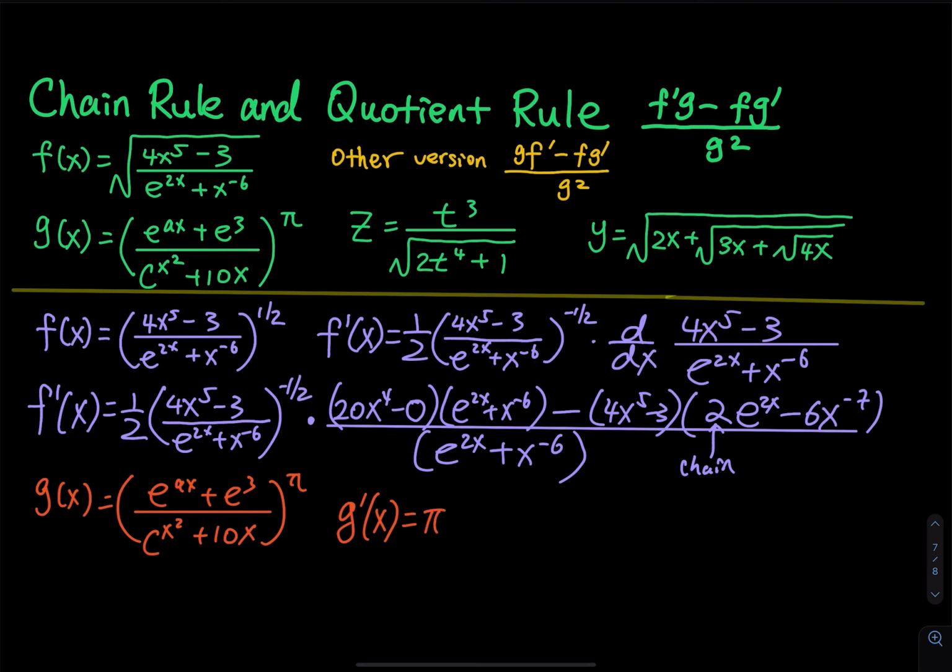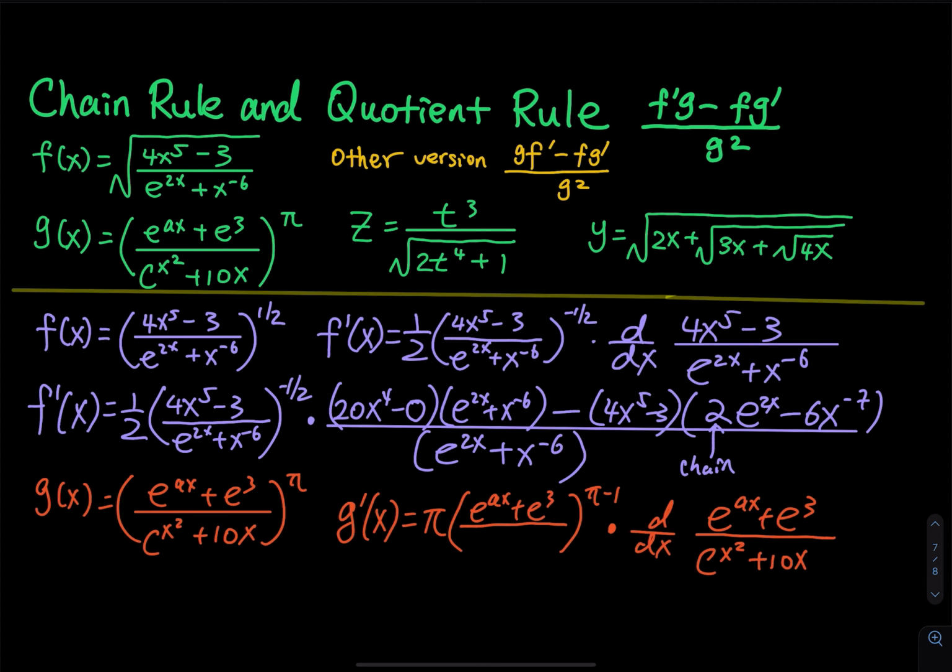We bring the pi down, and then pi minus 1. And then by chain rule, we multiply by the derivative of the fraction. The fraction is e to the ax plus e to the 3rd over c to the x squared plus 10x.